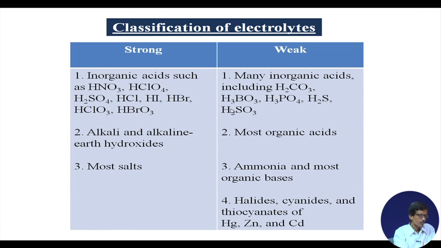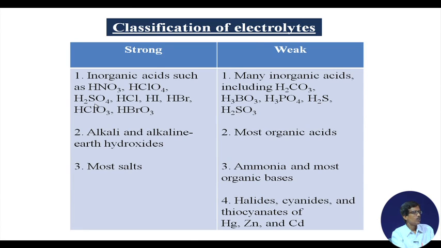Then we have H3BO3, boric acid, then phosphoric acid, then H2S, wherever we have H which can give rise to H+ when bound to sulfur, phosphorus, oxygen, carbon or boron. This is not sulfuric acid, this is sulfurous acid. When SO2 is dissolved in water, we get H2SO3, which is a weak acid.